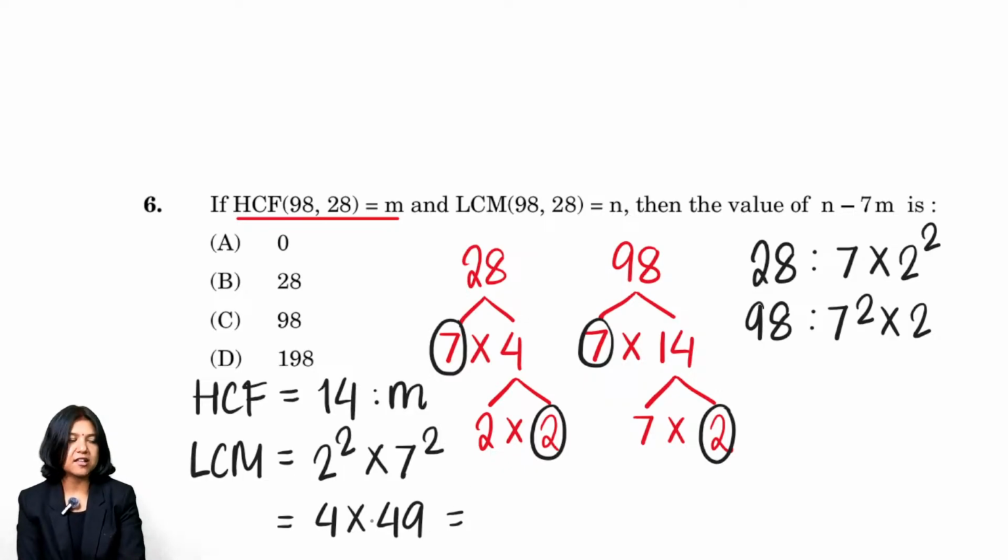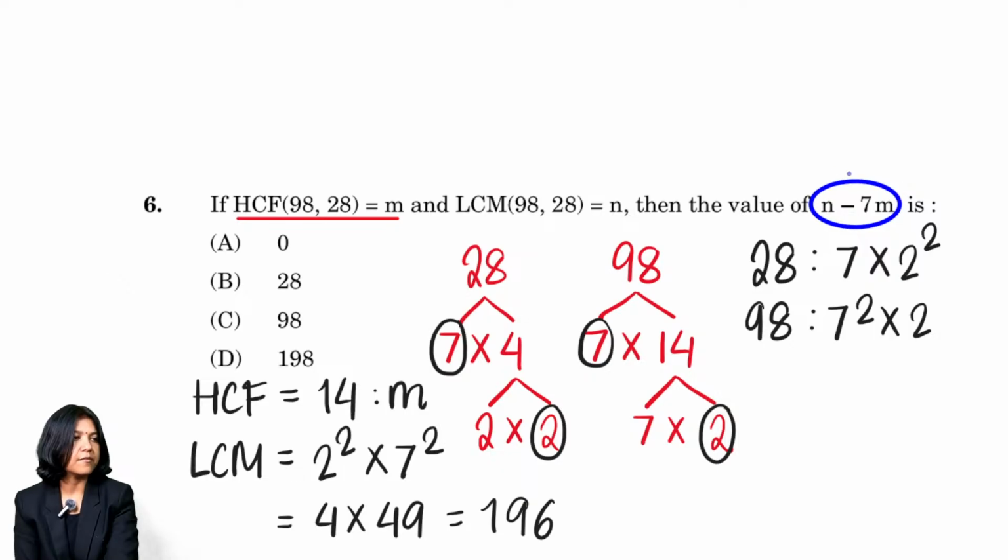That will be the LCM. 4 times 9 is 36, carry 3. 4 times 4 is 16, plus 3 is 19. So 196 is the LCM.